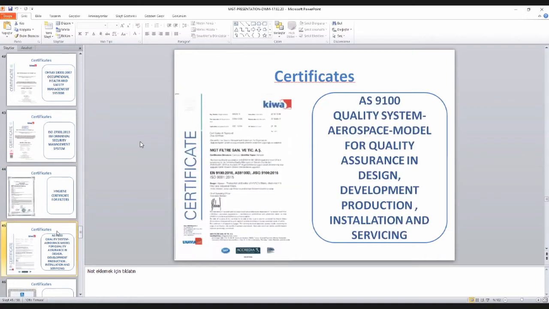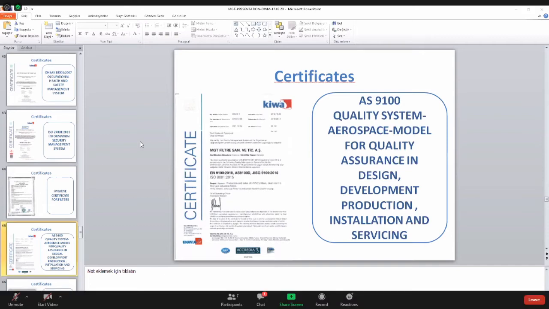AS9100 for aerospace. I think you will be a little surprised because right now we can also produce air filters for planes. Yes, this is a really hard industry for air filters because aerospace is a completely different structure, different certification system, different design, and they always look at some other details.